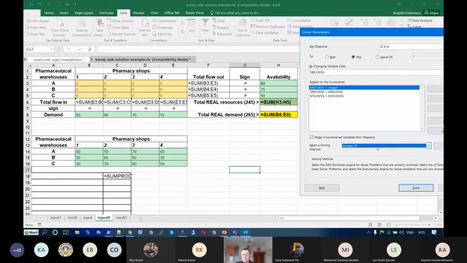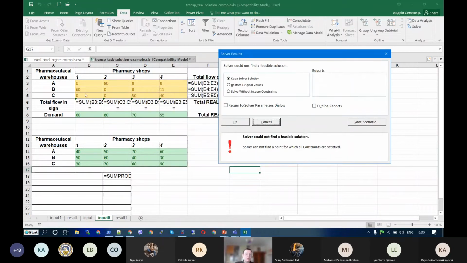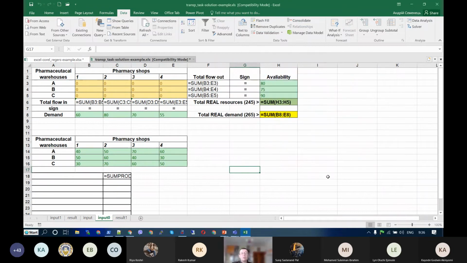And our model is simplex linear programming. When you just press solve, you will get values which identify your transportation plan. In my case, I will cancel it because I have not yet added the dummy object in this design, so I can't proceed as is, despite having configured it.